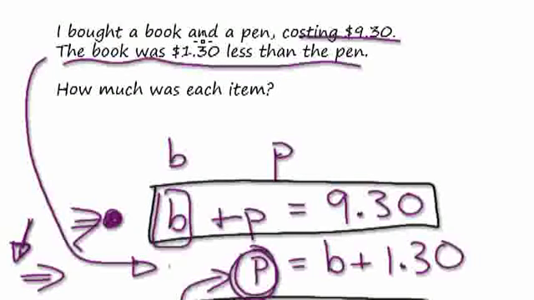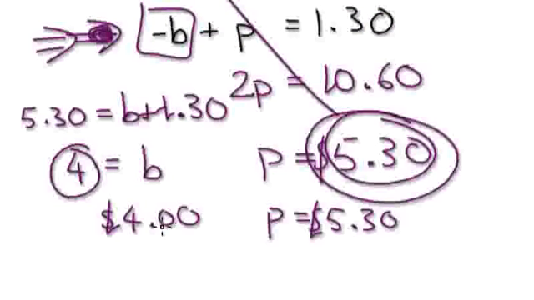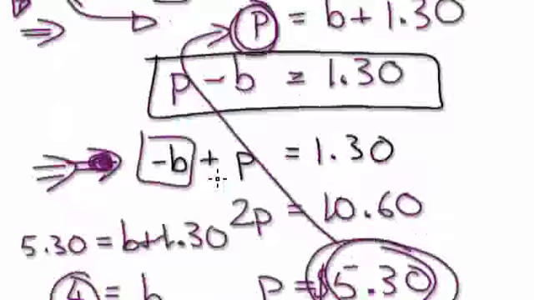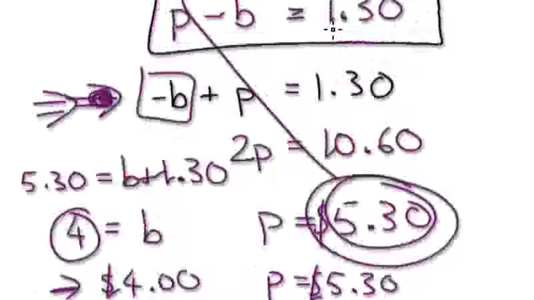Going back to here, it should make sense. The book was $1.30 less than the pen. Let's check. The book costs $1.30 less than the pen. That makes sense. And then for the first part, I bought both of them costing $9.30.